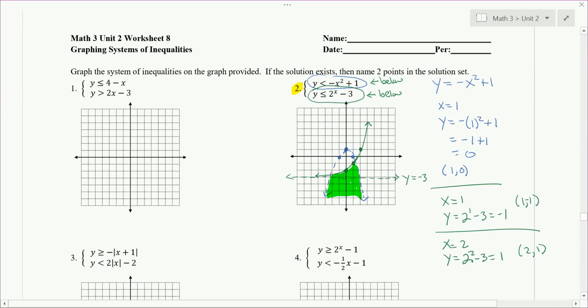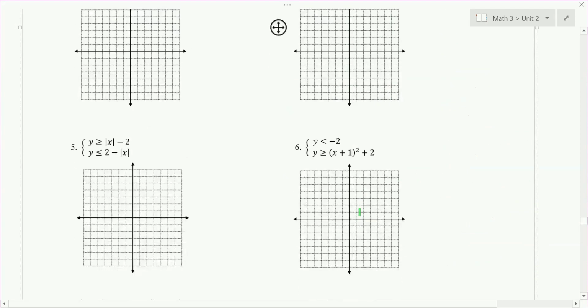It's kind of inside the parabola, but below it, right? And underneath that exponential function. When I say underneath the exponential function, I'm talking about the curve, not the horizontal asymptote.